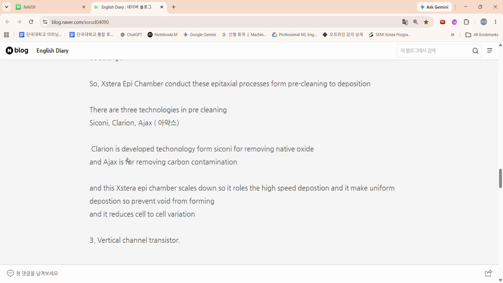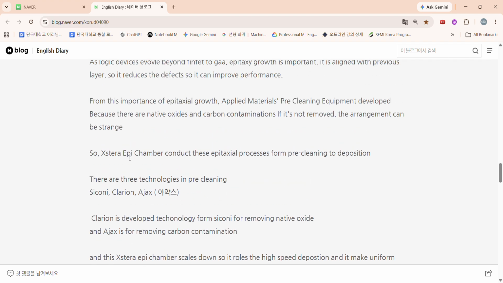Clarion, as I said before: suppose the previous layer is a silicon layer, then it makes silicon dioxide naturally. So we need to remove this silicon dioxide. Clarion is a technology that removes the native oxide in the pre-cleaning stage.